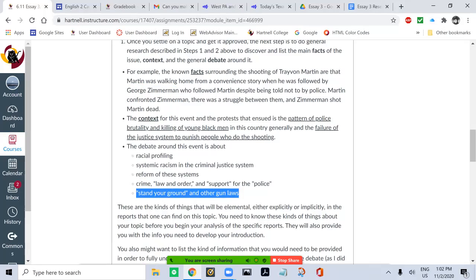Once he was arrested and tried for having killed Martin, he was acquitted because he was able to argue, as is the law in the state of Florida, that he legitimately felt himself to be under threat and needed to protect himself with deadly force. And in Florida, you get to, quote, stand your ground. That's the gun law in Florida for people who are allowed to carry guns.